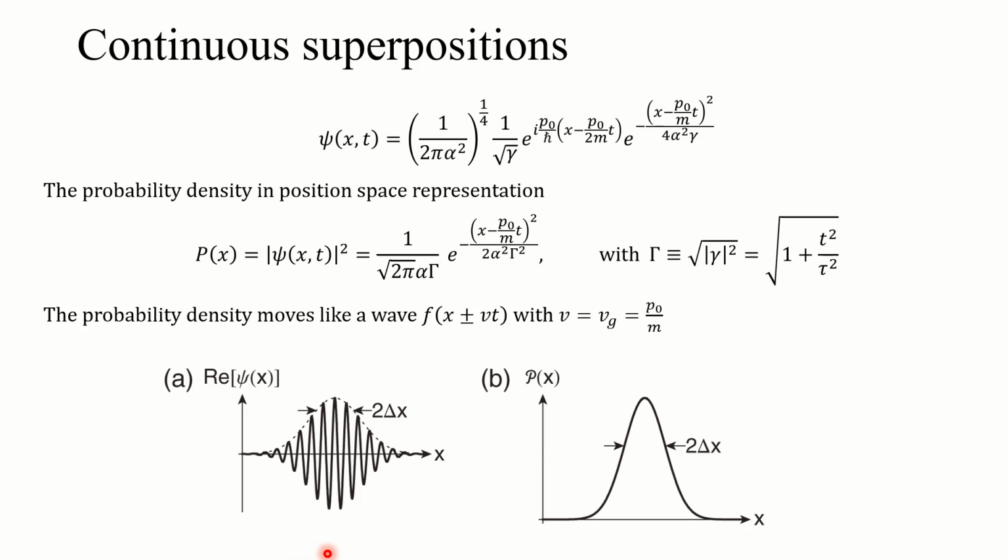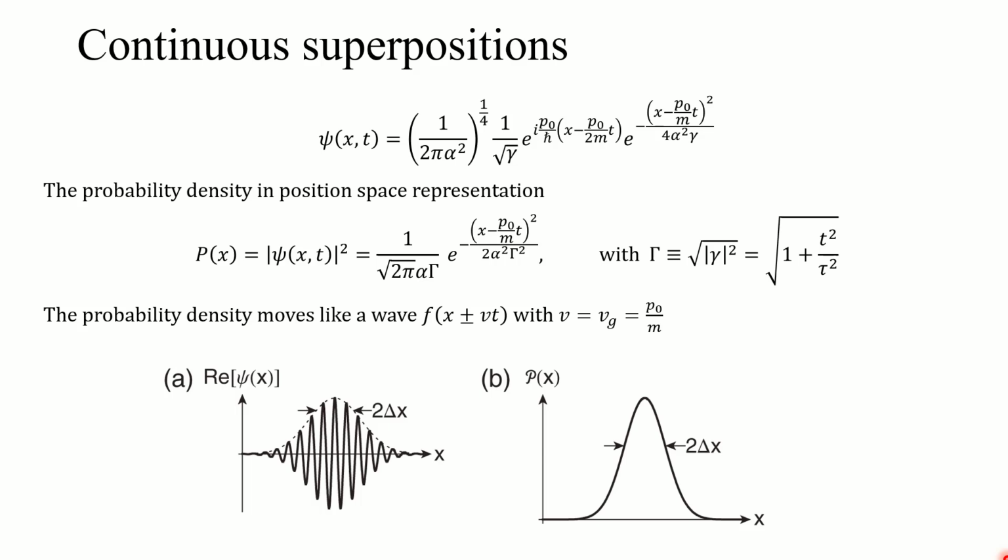It actually does localize, so it is now normalizable, and it solves the issues we had before. The probability distribution of that is Gaussian, and looks like this, but does move, as we'll see. It moves with this group velocity.